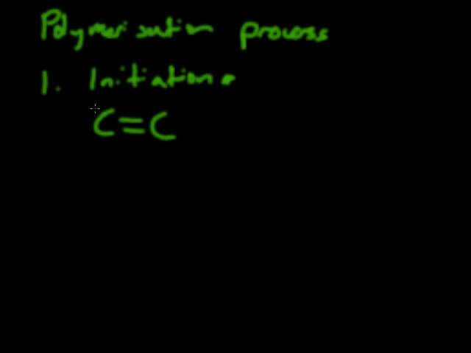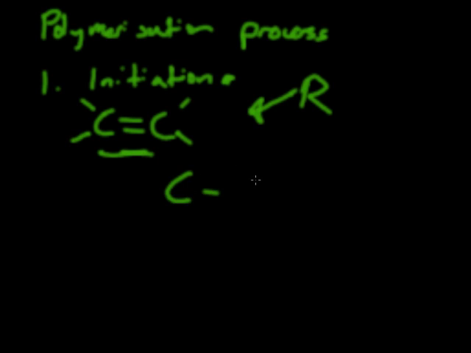So under the right conditions, which is a lot of heat, pressure, and the free radical catalyst, one of the monomers joins with this free radical, which we're going to call R, and that basically primes the molecule for further reaction.